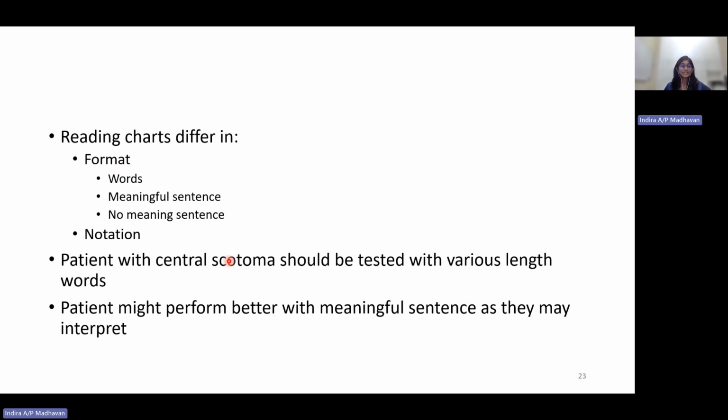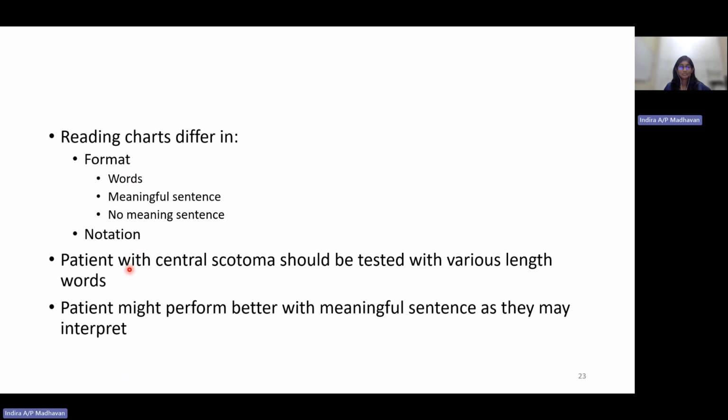If another patient B has a scotoma as big as four letters, the patient might tend to miss words while reading.